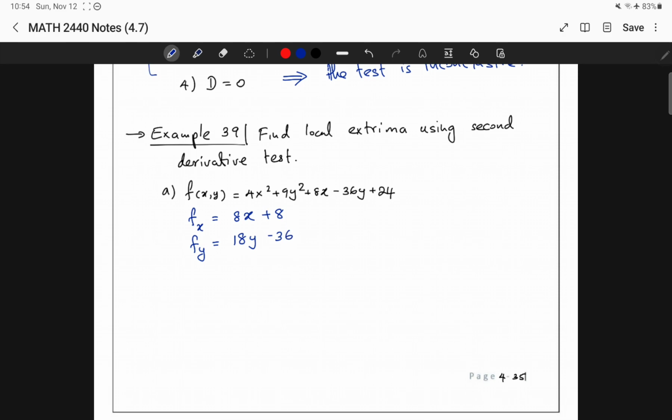Okay, so in this case, you only have critical points where the partial derivatives equal 0. You don't have critical points where the partial derivatives are undefined, because both are defined over R2. The only way to find critical points is to make them equal to 0.